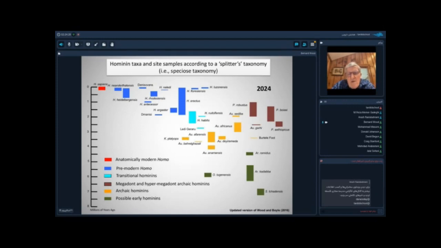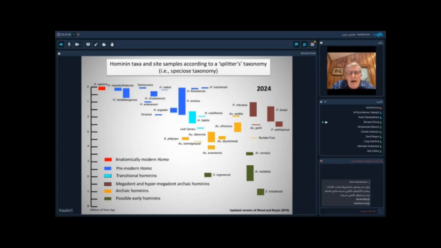The heights of the columns reflect the difference between the first appearance date at the bottom and the last appearance date at the top. As I said, this is a rather speciose interpretation of human evolutionary history, but I think it's worth our consideration.